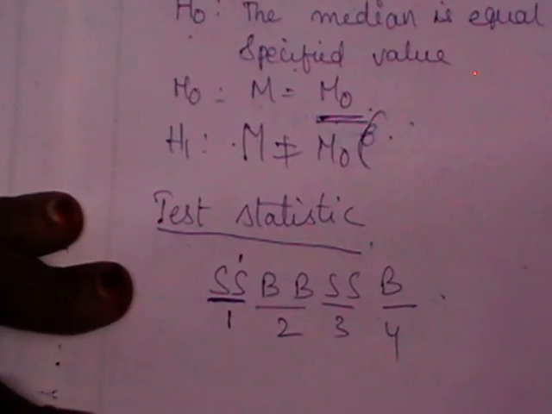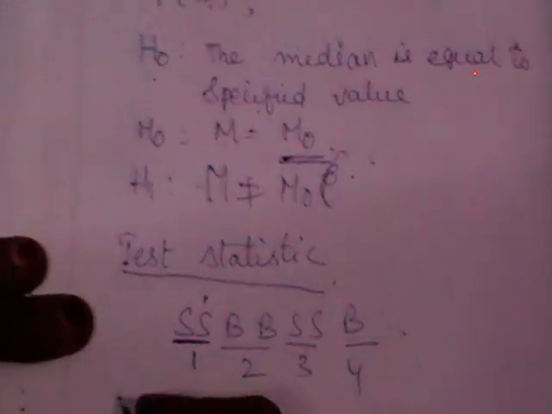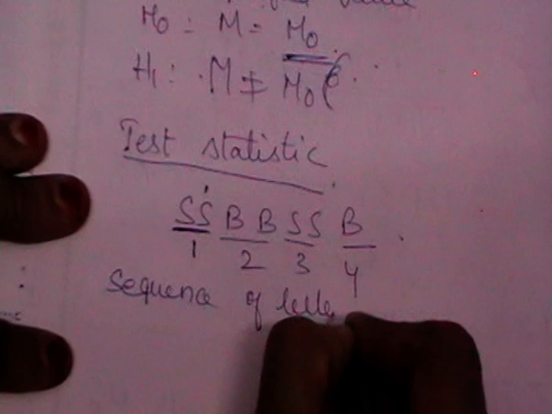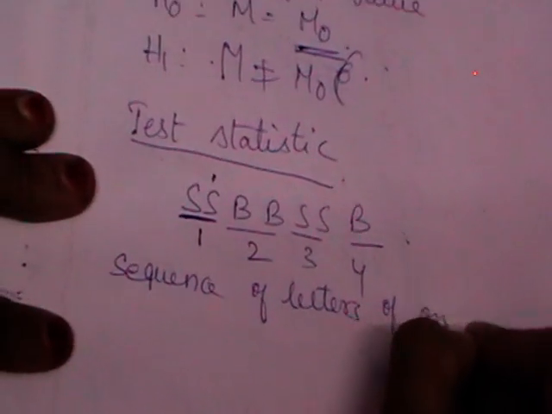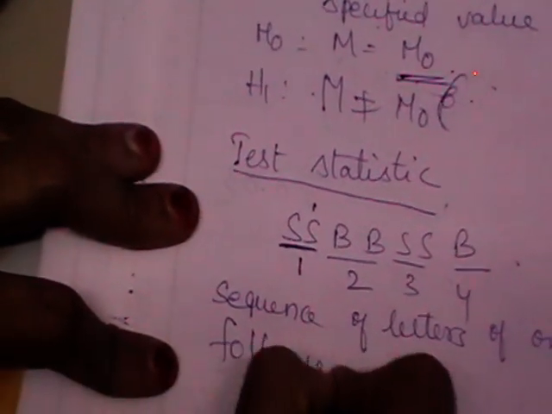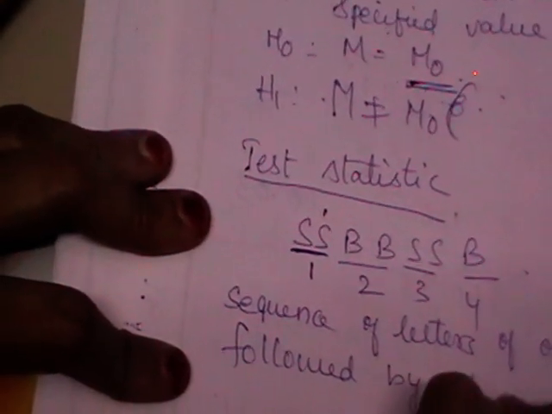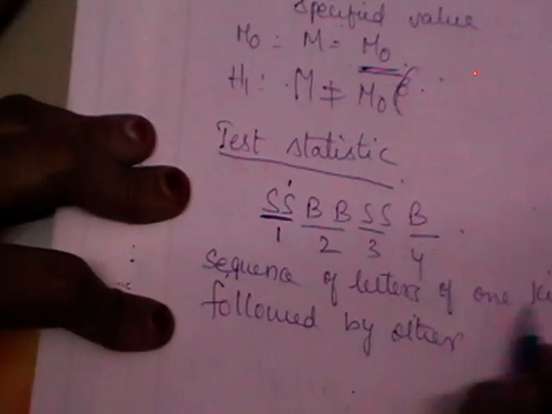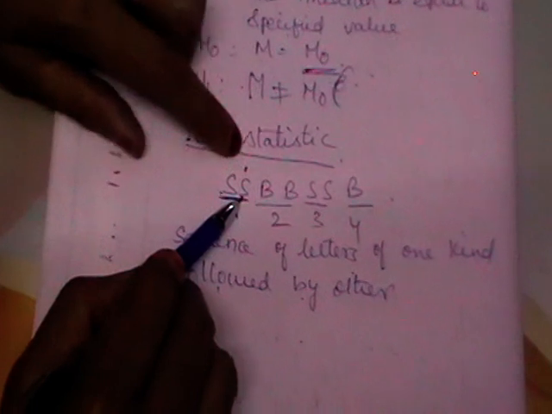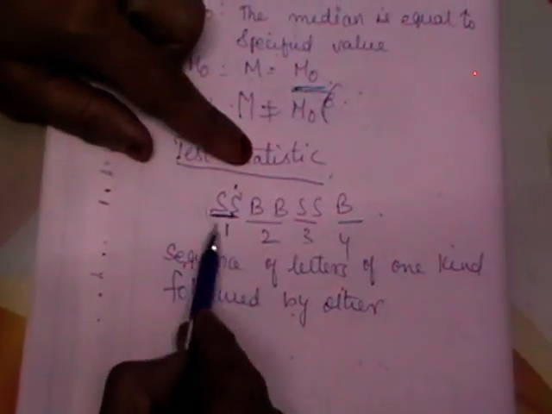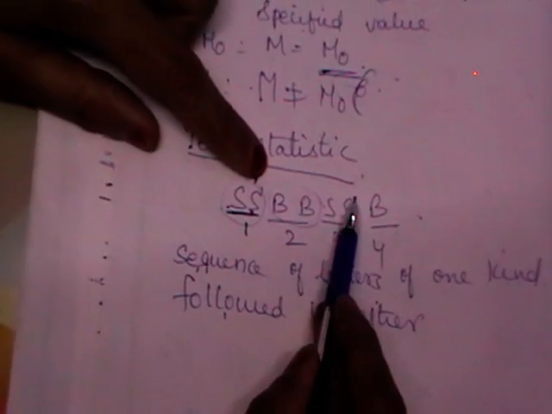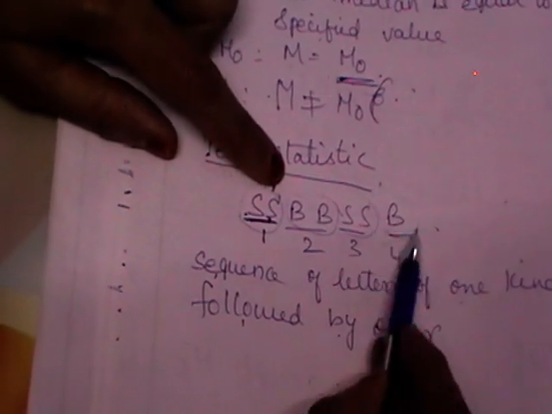So we can define a run as a sequence of letters of one kind followed by another. We have two S's together here, so we can consider this as one kind. They are immediately followed by B's, which is another kind. Again they are followed by S, and this is followed by B.